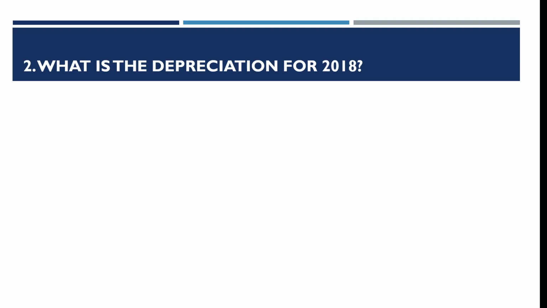Number 2. What is the depreciation for 2018? Now, how do we depreciate the right of use asset this time? Assess ulit natin. May mamimit kaya ito sa dalawang conditions na binigay ni IFRS 16? Is there any transfer of ownership in the lease contract? None. Is there any purchase option that is reasonably certain na i-exercise ni lessee? Answer, yes. Therefore, i-depreciate natin yan over the useful life of the lease asset.